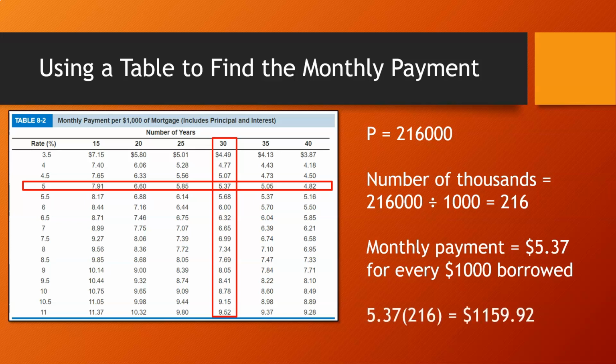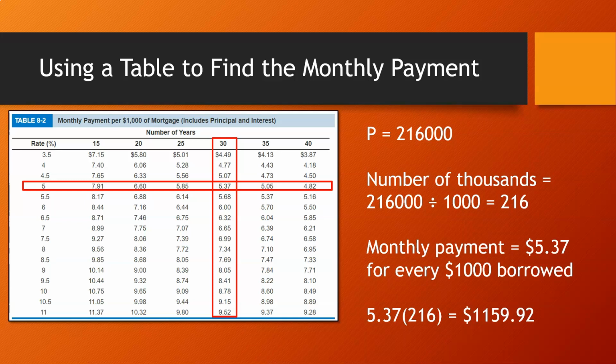And since we borrow 216 of those thousands, that means that the monthly payment is $5.37 times 216, which is $1,159.92.